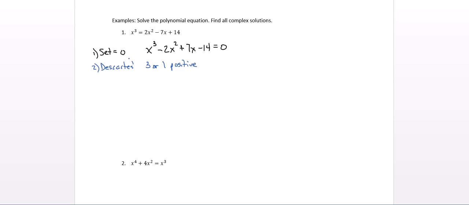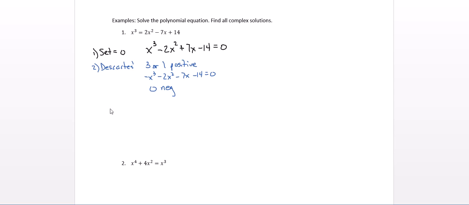When I change it to a negative, let's see, negative x cubed minus 2x squared minus 7x minus 14 equals 0. If I replace x by a negative x, the odd powers change signs. The even powers and constant terms do not. Notice there is no change. 0 possible negative real zeros.